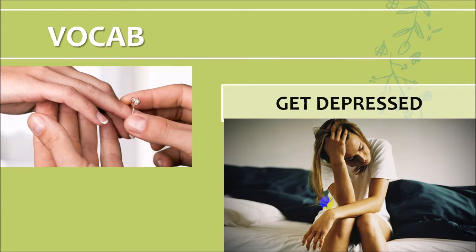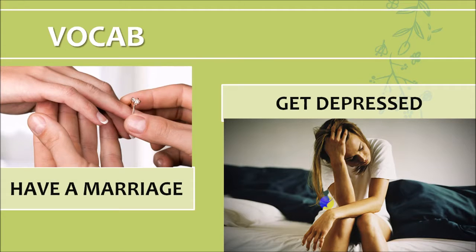To get depressed, that means you're stressed. You get depressed. Okay? And the last phrase is to have a marriage, or to have a good marriage. Okay? That means you're married and you are in a good relationship with your spouse.